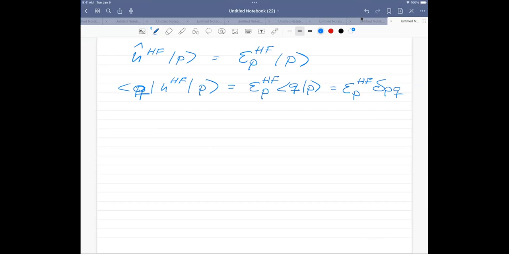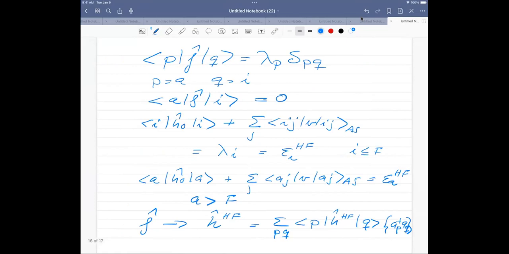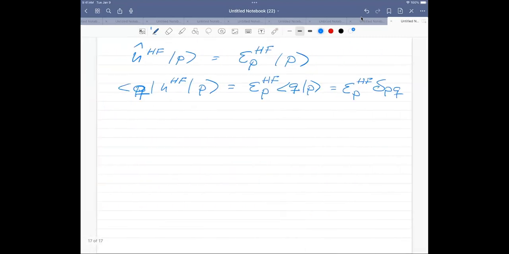So if this is our choice, just keep in mind that the choice we made is that we have this solution here, and we have this solution for states above the Fermi level. So that means that when I calculate my expectation value, or I set up this operator, my Hartree-Fock operator is now going to be given by a sum over the states p which are involved here.